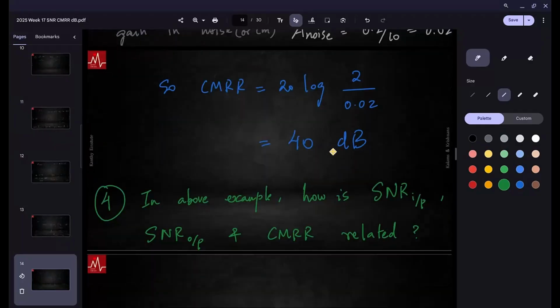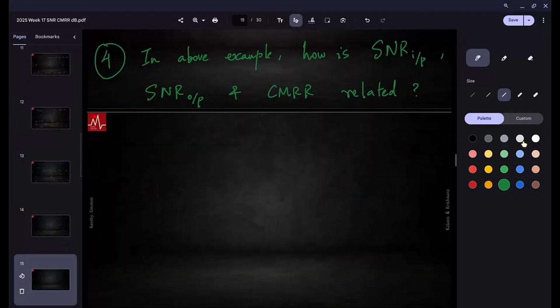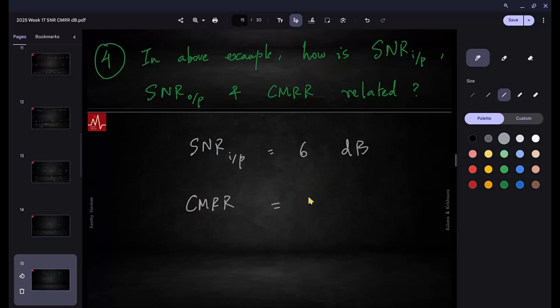So let me write it down. We have already found this: SNR of input equals 6 decibels. CMRR, we just calculated, that happens to be 40 decibels.